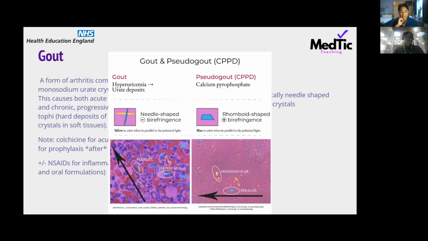This will most likely be done in the lab, and you will just get a report that says negative or positive birefringence and the appearance, but it could come up as a pathology slide. So gout is your needle shape, and your pseudogout is your rhomboid shaped, and I think that's about the level that you need for your finals.